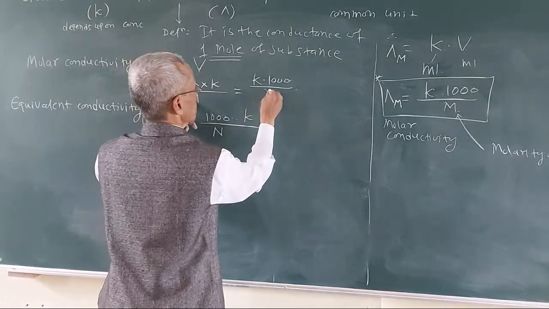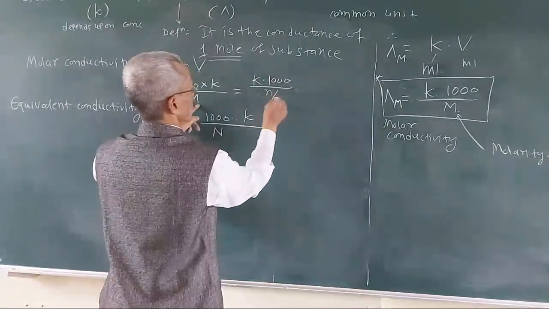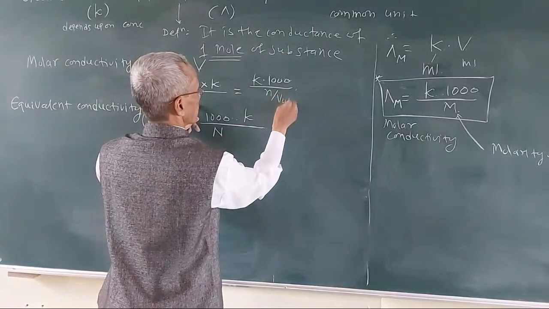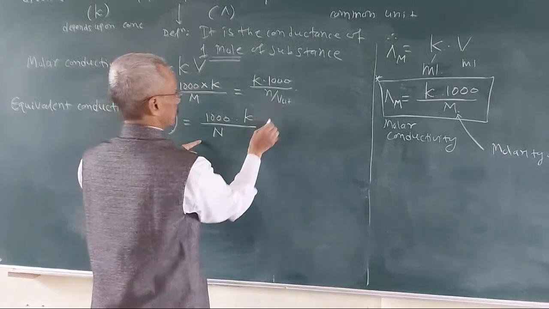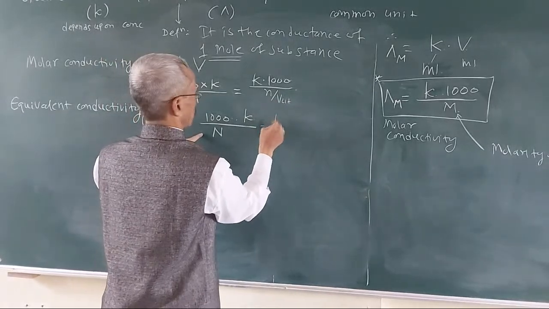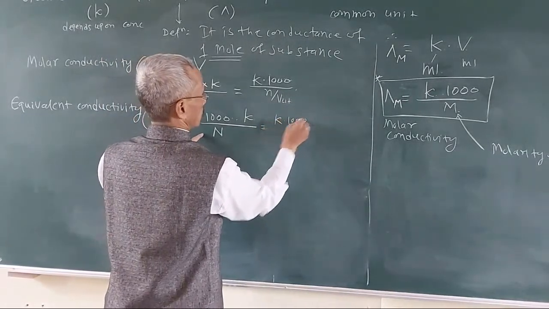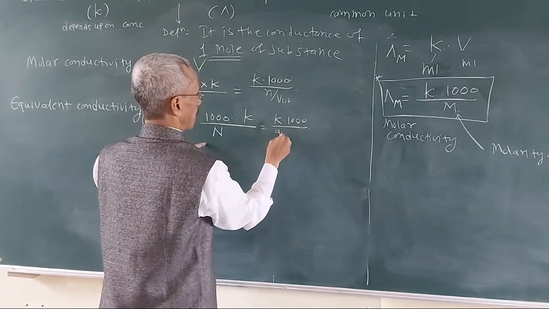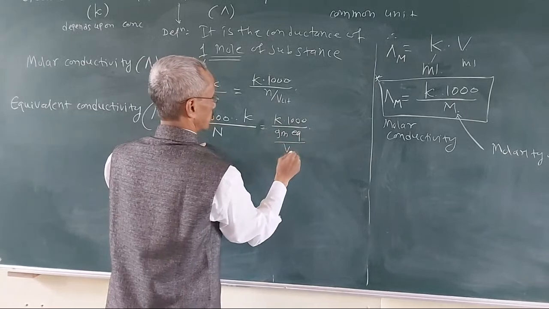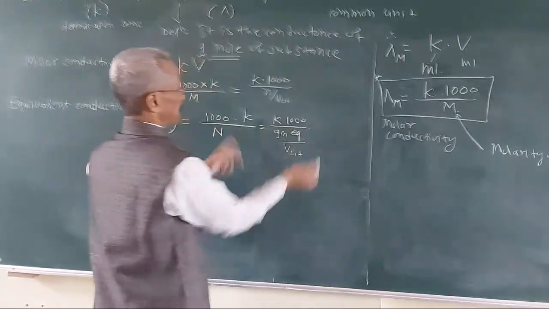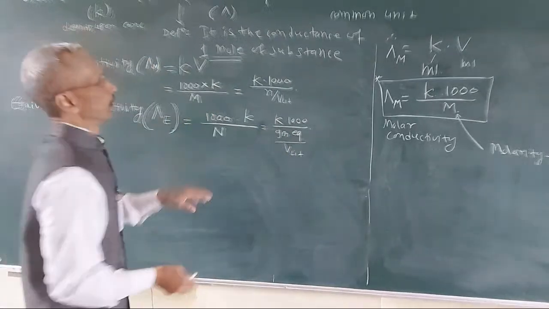Number of moles per liter of solution. And what is normality? Number of gram equivalents per liter of solution. Right?